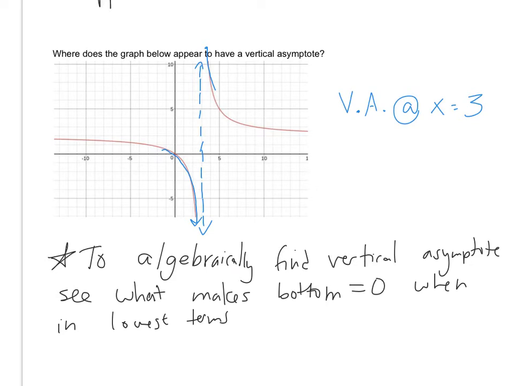So whatever makes the denominator equal to 0 when it's in lowest terms will be your vertical asymptote. If you have an equation, it's sometimes easier than just looking at the graph. Not that the graph isn't helpful, but sometimes the equation will just show you what it is.